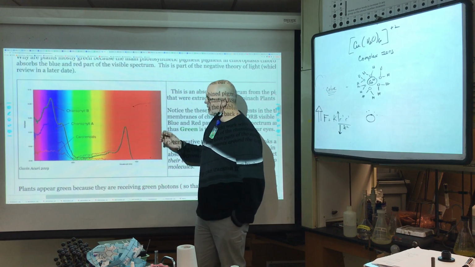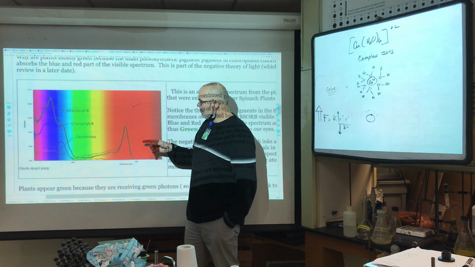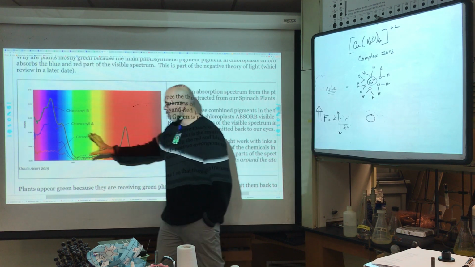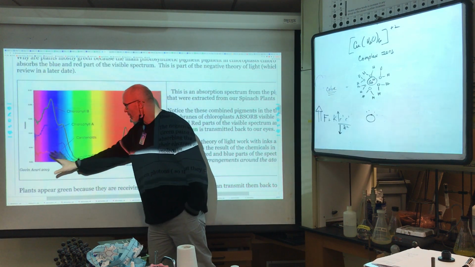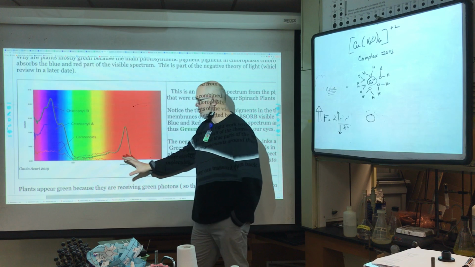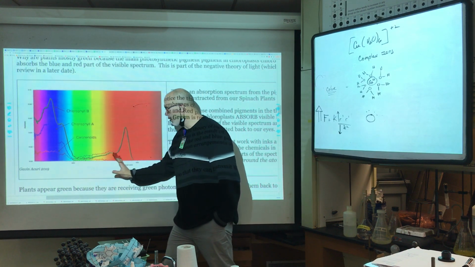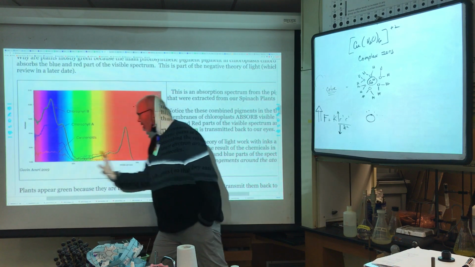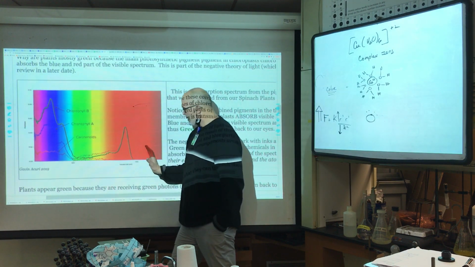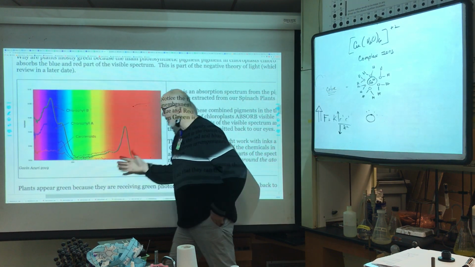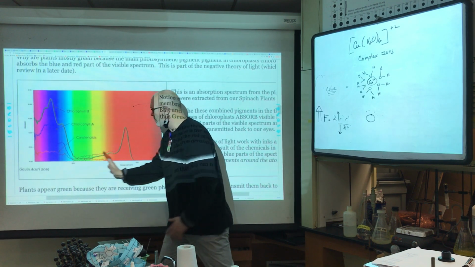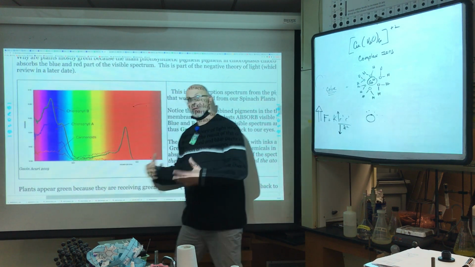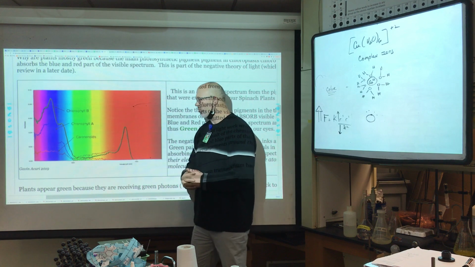We can see from this lab that the chlorophyll absorbs the blue end of the spectrum. Remember, it's ROY G. BIV: red, orange, yellow, green. So the lower energy light, the higher energy light, but because they absorb both ends of the spectrum, what they are not absorbing gets transmitted back, and that's why chlorophyll is green.